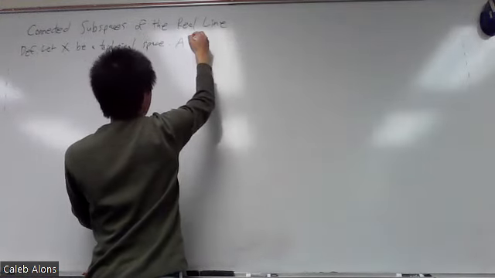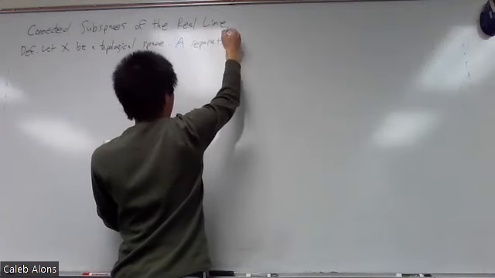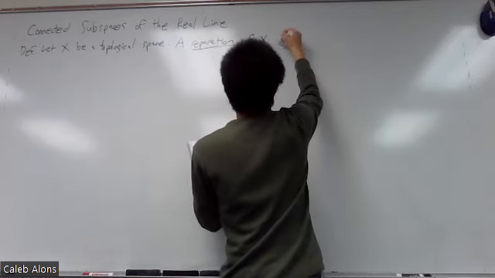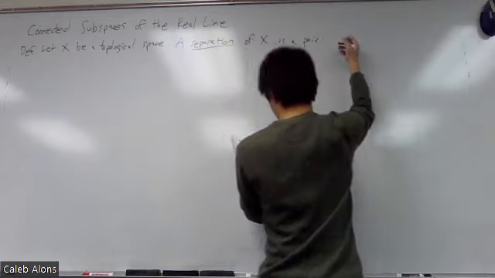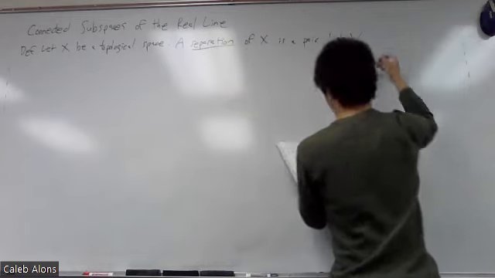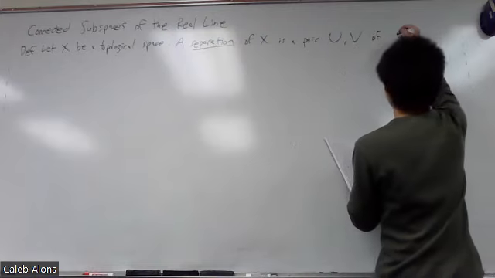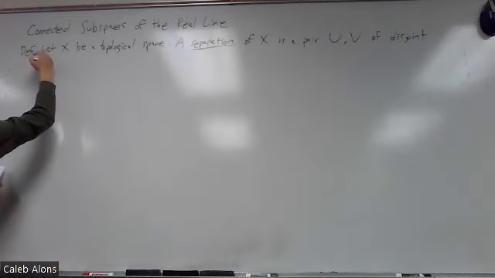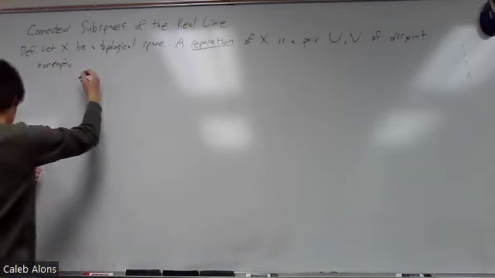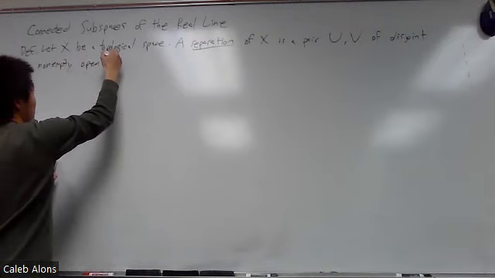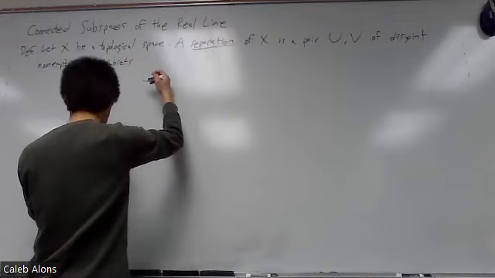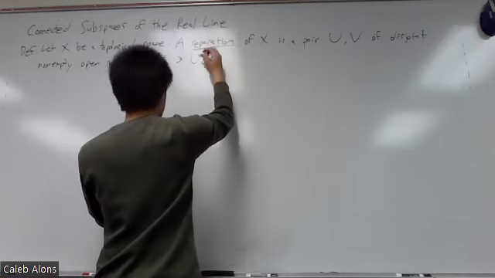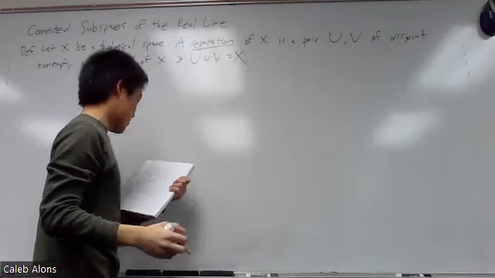And a separation of X is a pair, and we call them U and V typically, of disjoint and non-empty open subsets of the topological space X such that their union is the topological space.